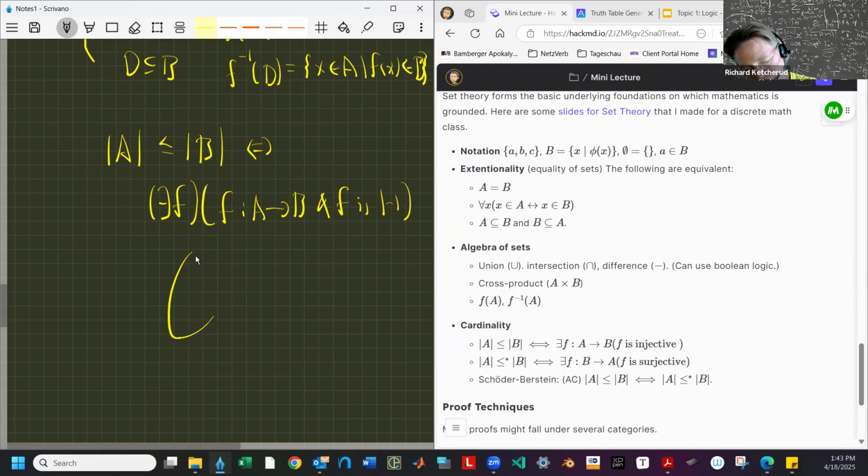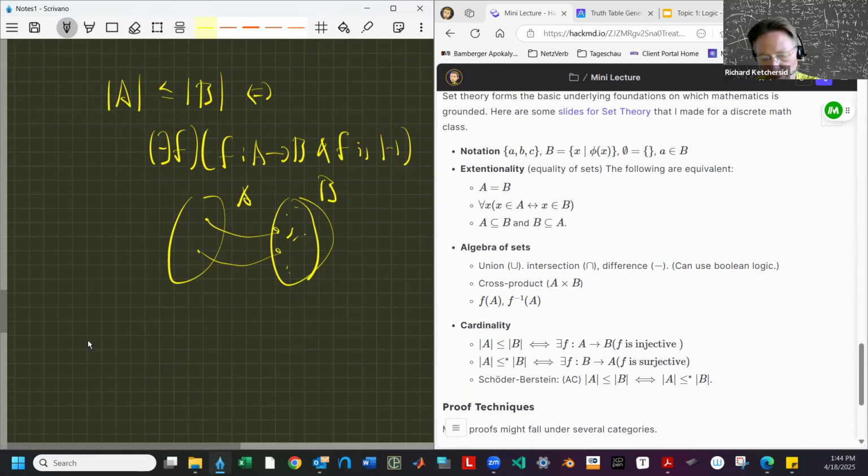In other words, if I have all my points in A and I've got B, and I can match up points from A into B in a one-to-one way, maybe the range is some subset, then I've used up those points in a one-to-one way onto a subset of B, and we'd clearly say that this set has size less than or equal to B.